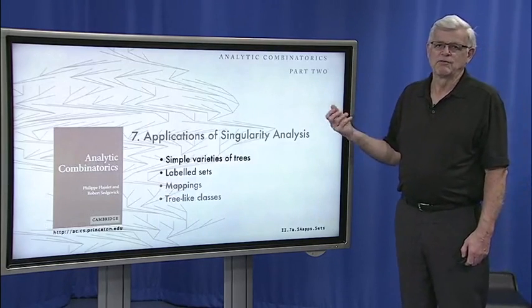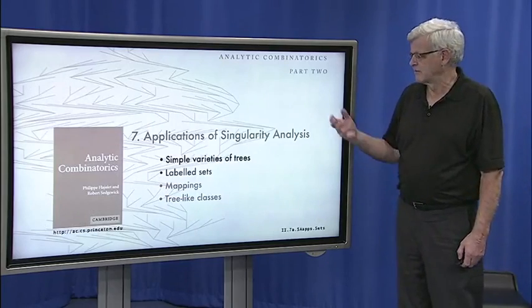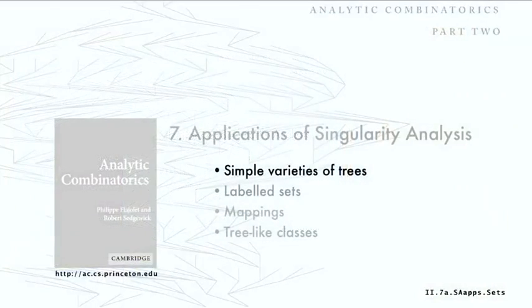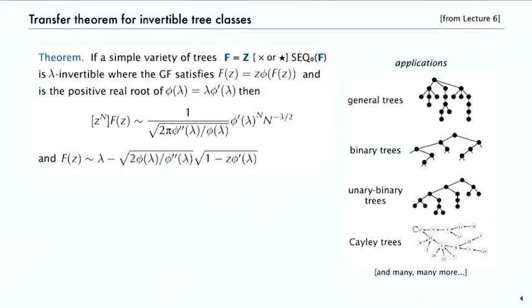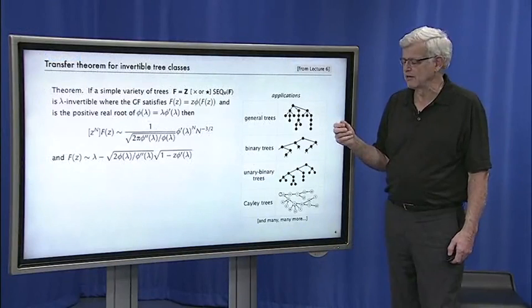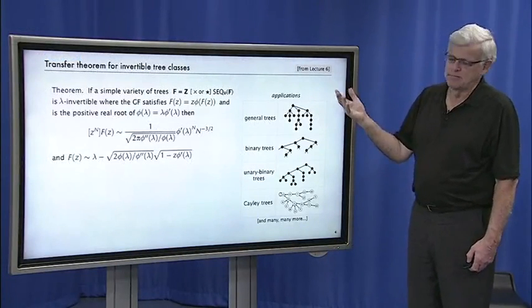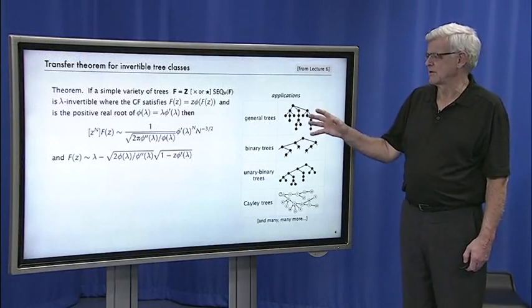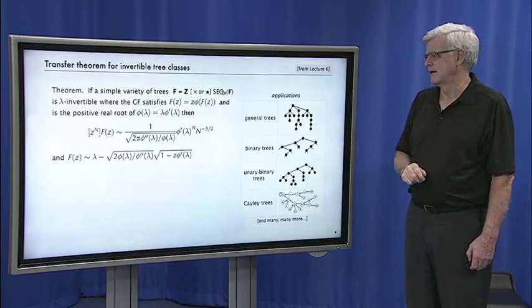So the first one is simple varieties of trees, and we talked about a couple of applications last time, so let's just look again. We start with this transfer theorem that's proved with the singularity analysis process developed by Flajolet-Odlyzko in 1990, but all that mechanism kind of lies underneath.